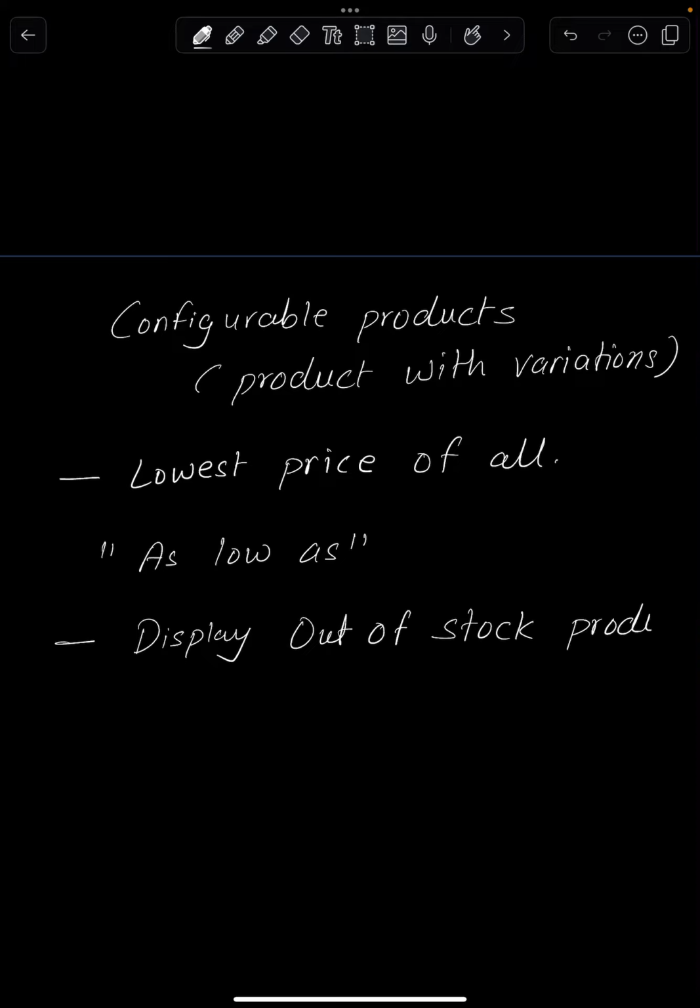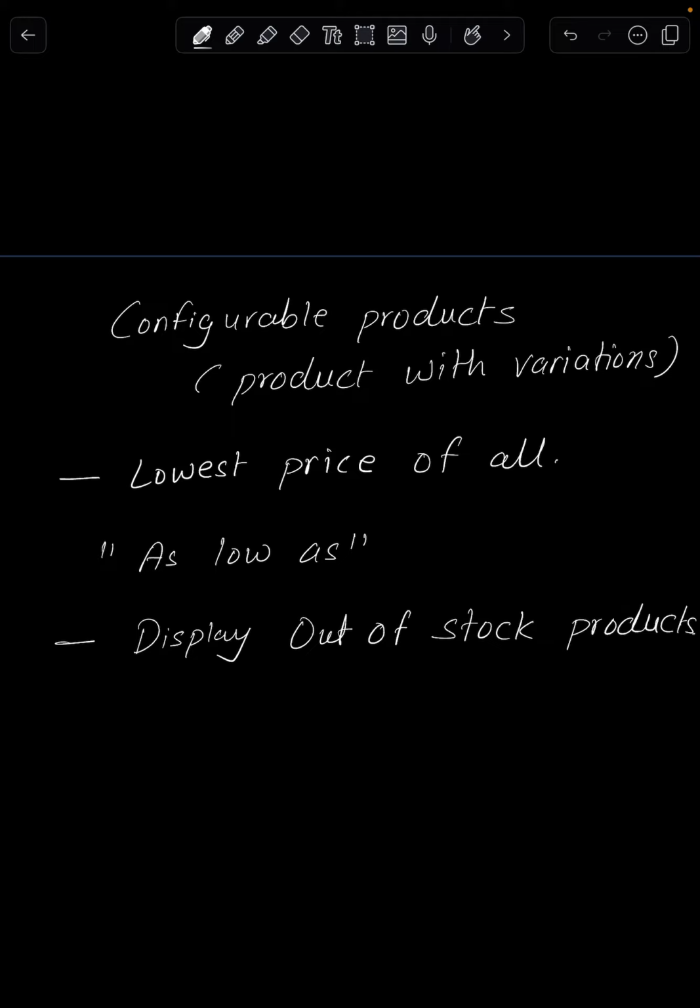And why does this setting affect this? Because this setting tells Magento whether to include out of stock products in the price calculation of the configurable product or not. So this is also a very important aspect.